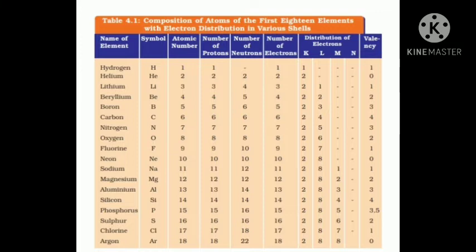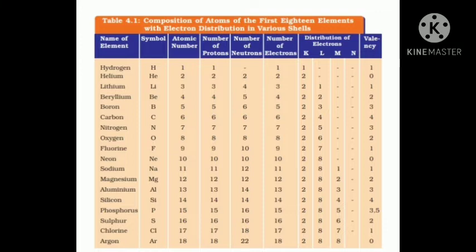That is the valence electron. Valency equal to 8 minus 5. So it is having the valency 3. Phosphorus has two valencies, 3 and 5.